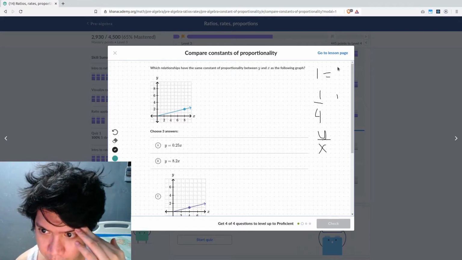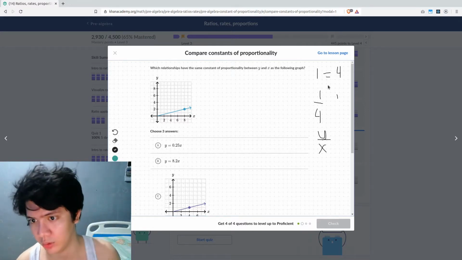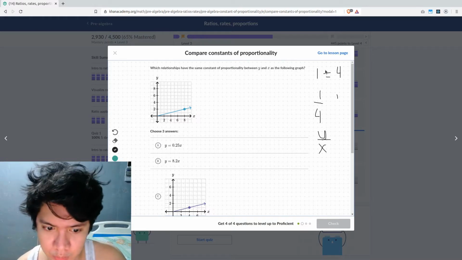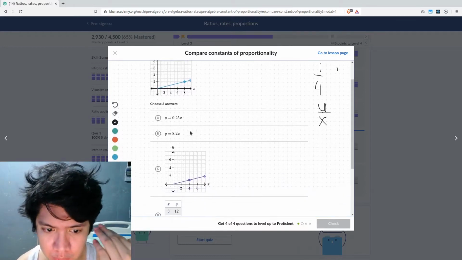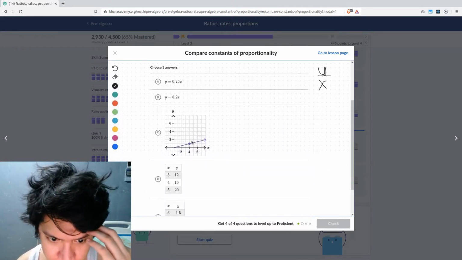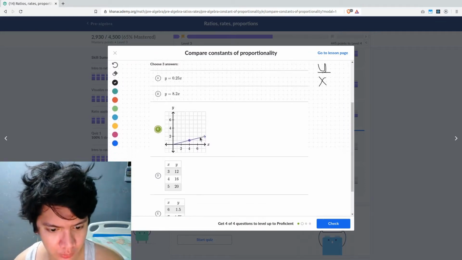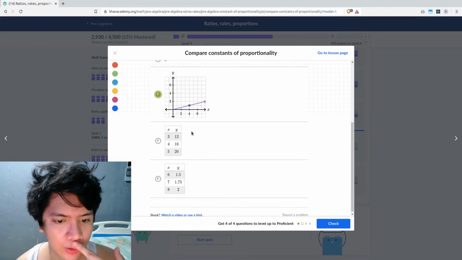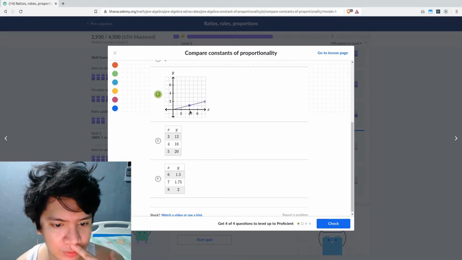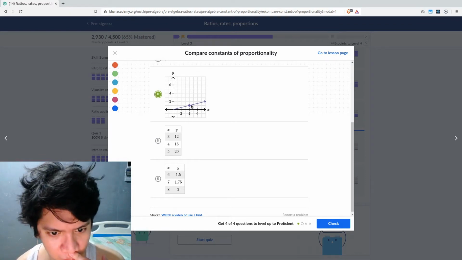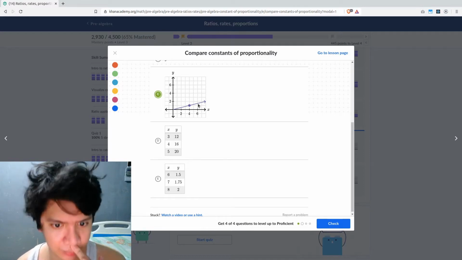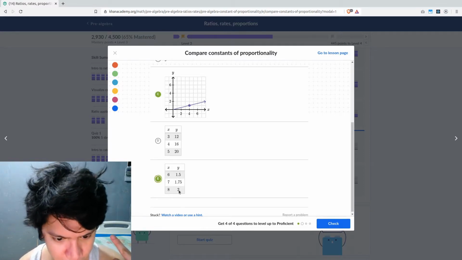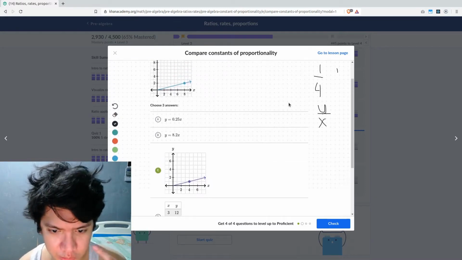Just say 1 equals 4. So if our y is just 1, no, it doesn't make sense. If our x is 4, you have 1. Now if our x is 6, you have 1.5.